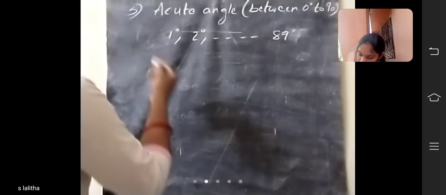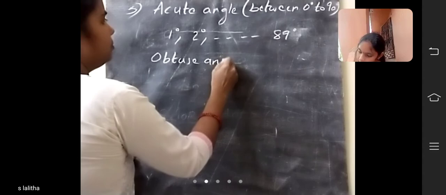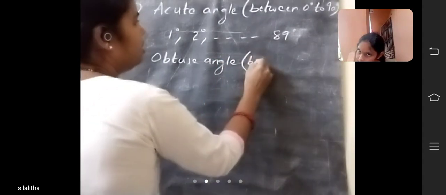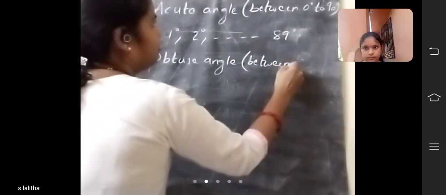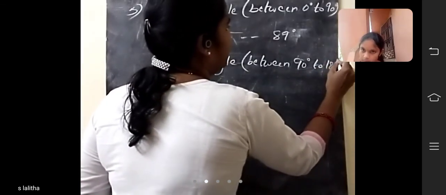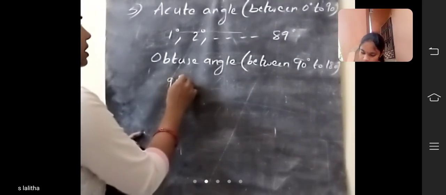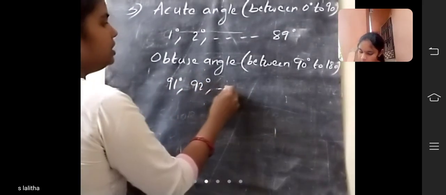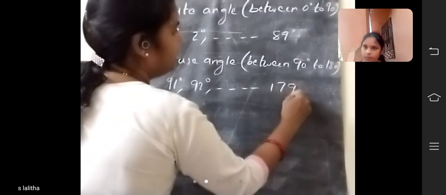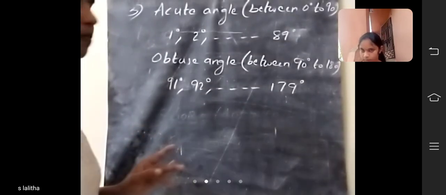Next, obtuse angle, between 90 degrees and 180 degrees. You can write 91 degrees, 92 degrees, and so on up to 179 degrees. Any as you wish.